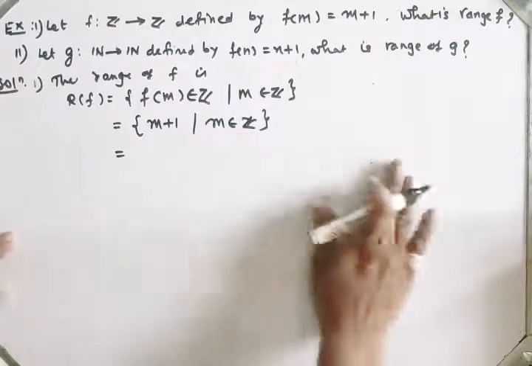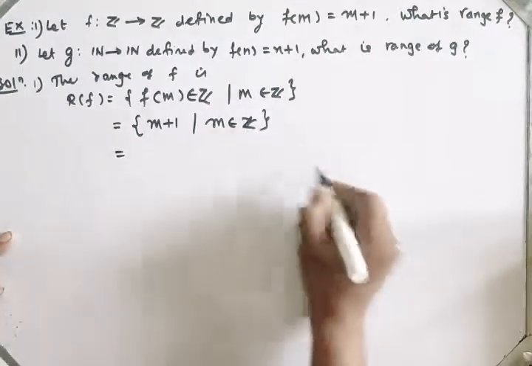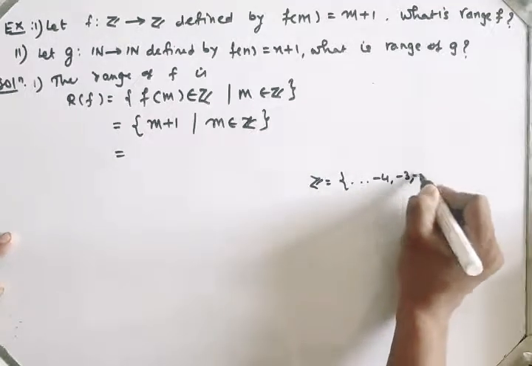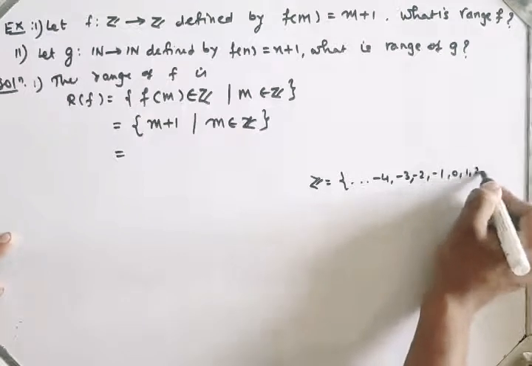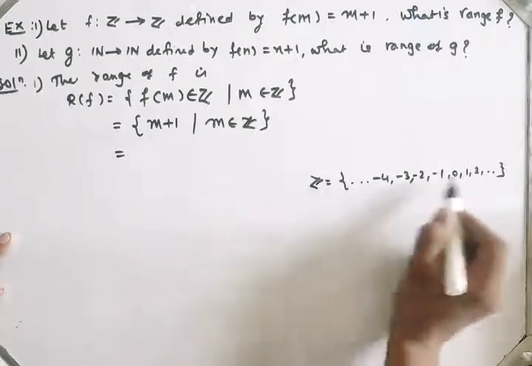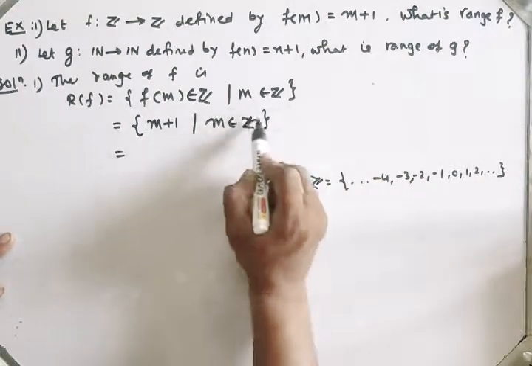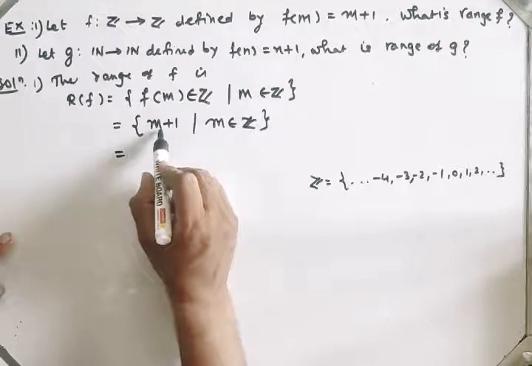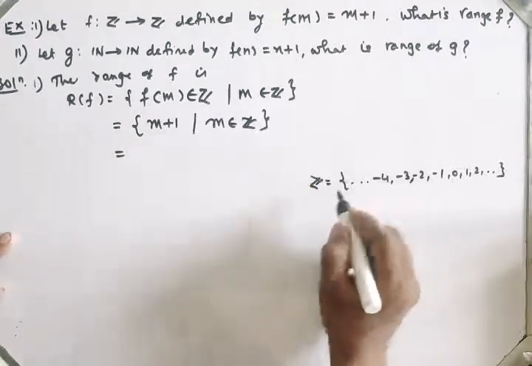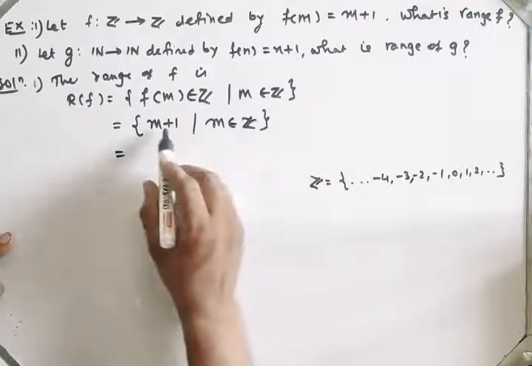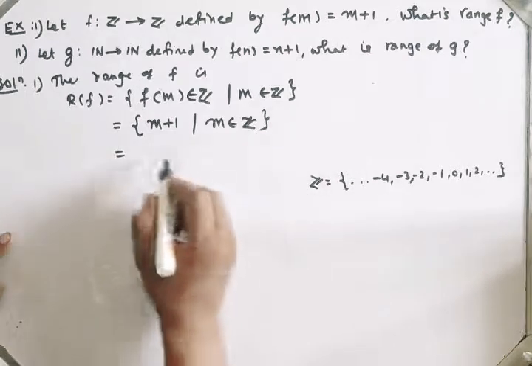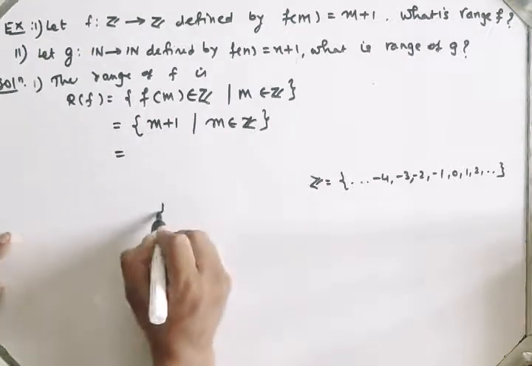What is the set of integers? The set of integers is always of the form -4, -3, -2, -1, 0, 1, 2 and so on. m will take values from the set of integers, and then m plus 1 means if I take values of m from the integers, I get values like this.